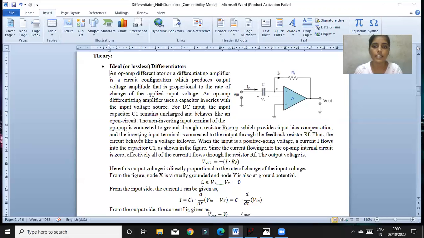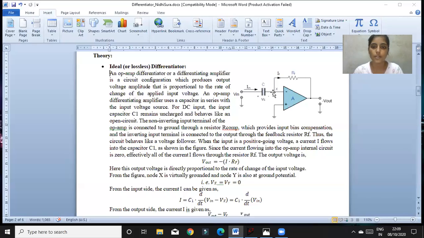The non-inverting input terminal of the op-amp is connected to ground through the resistor RCOM, which provides the input bias compensation, and the inverting input terminal is connected to the output through the negative feedback resistor RF. Thus, the circuit behaves like a voltage follower.